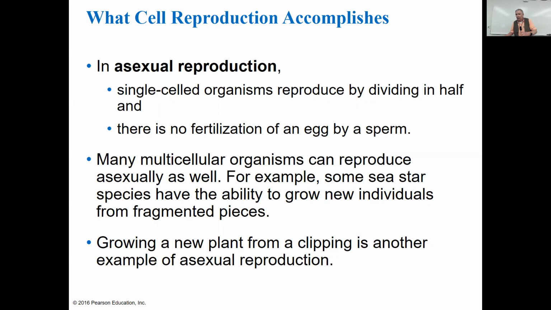They have gonads, they make eggs and sperm, and they often have sex, but they can fragment and use asexual reproduction. The same thing with a plant. The plant is a sexual organism, but if you break off part of it and plug it in the ground, you can make a new individual by asexual means.